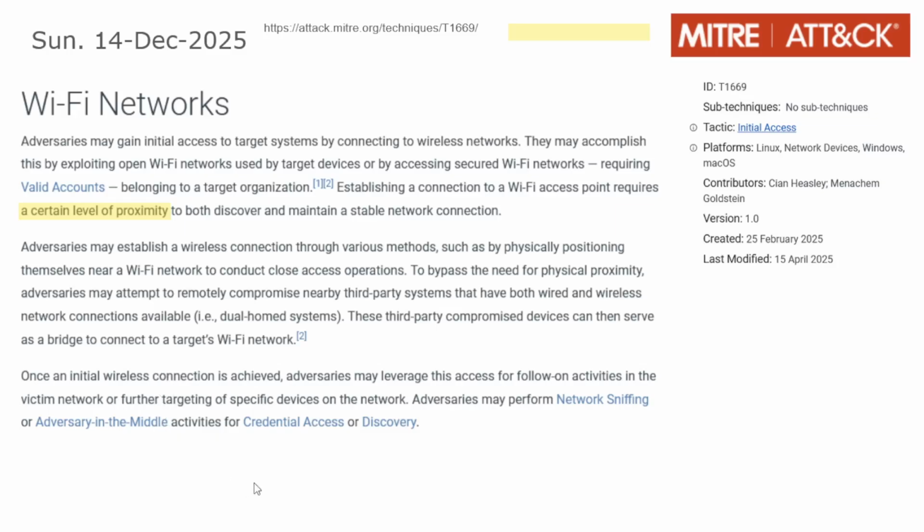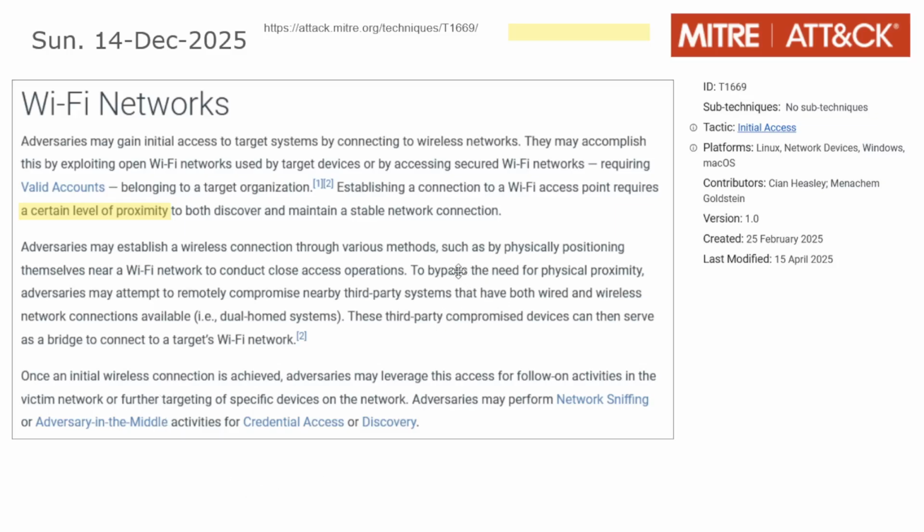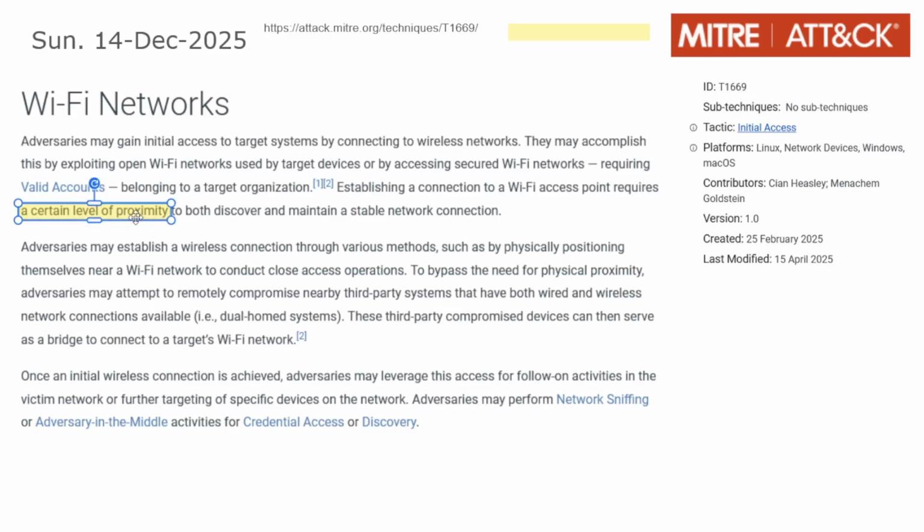Adversaries may establish a wireless connection through various methods, such as physically positioning themselves near a Wi-Fi network to conduct close access operations. To bypass the need for physical proximity, adversaries may attempt to remotely compromise nearby third-party systems that have both wired and wireless network connections available. Dual-homed systems. I learned this word some time ago, it's a fancy word.